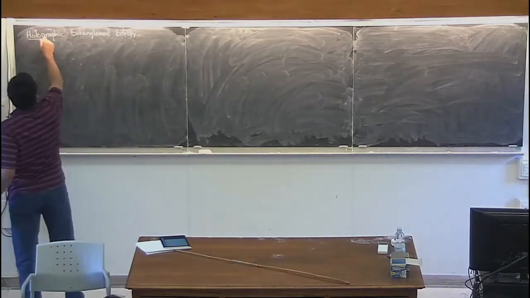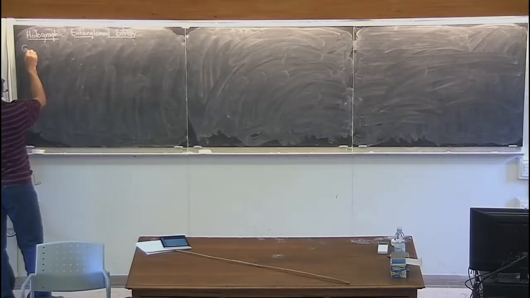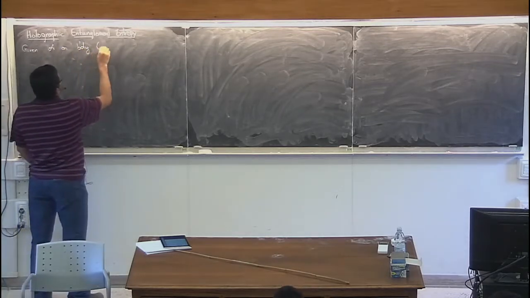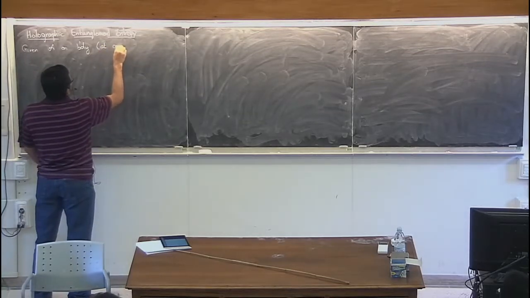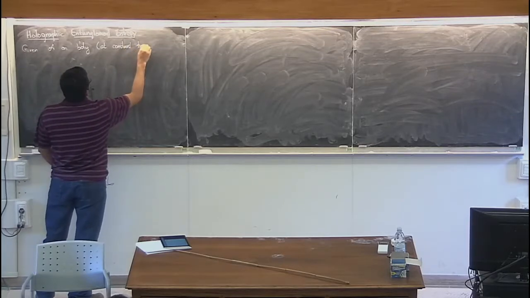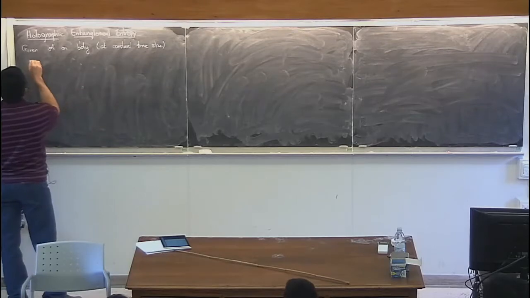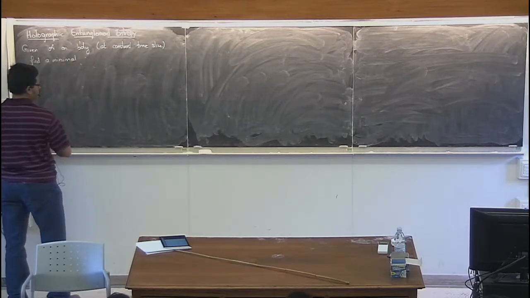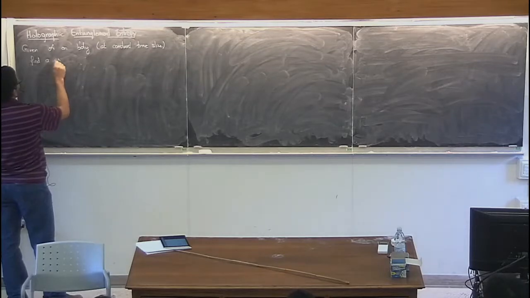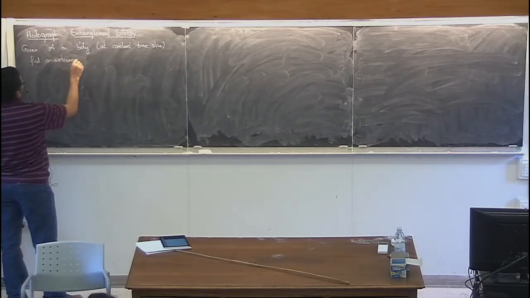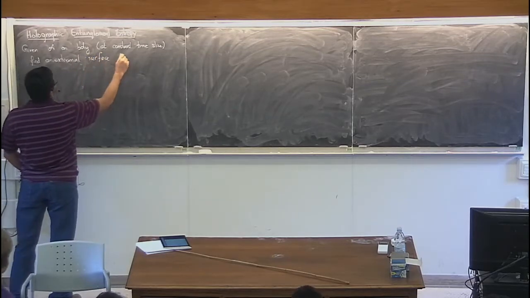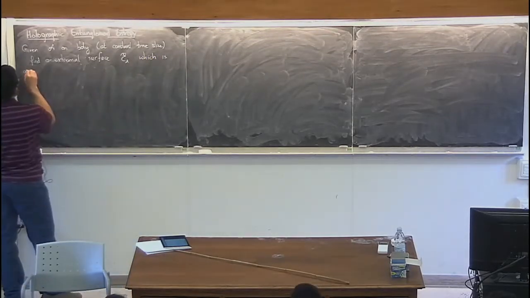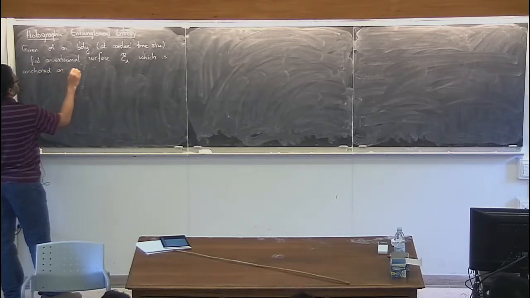So, given some region A on the boundary, which lives at some constant time slice, we are instructed to find generally a minimal, an extremal surface which is anchored on this entangling surface ∂A.